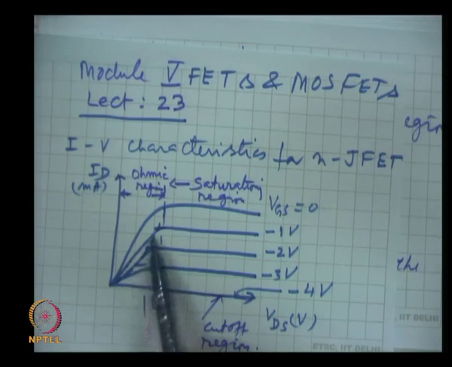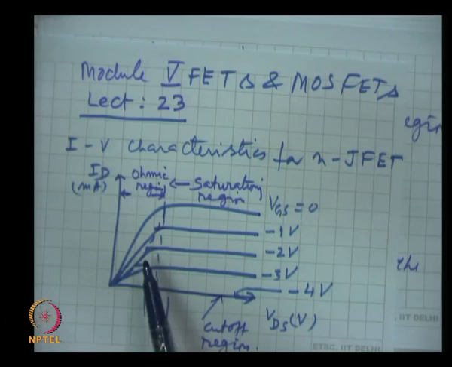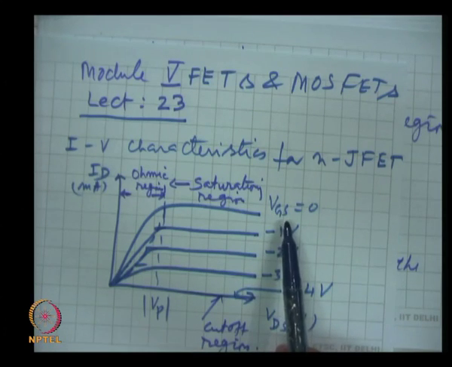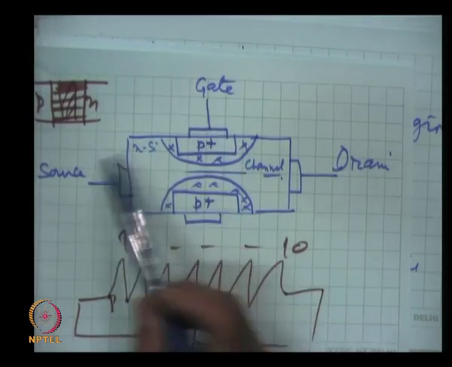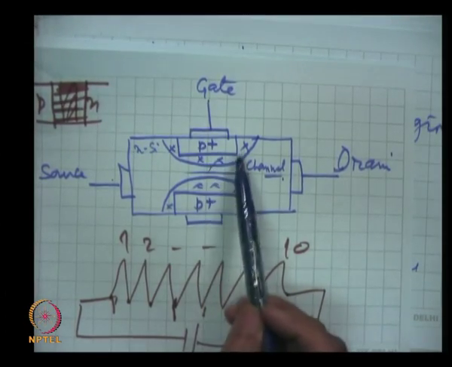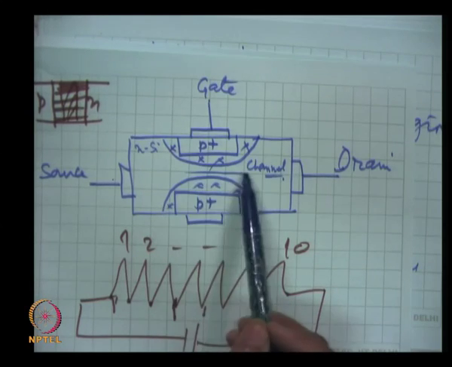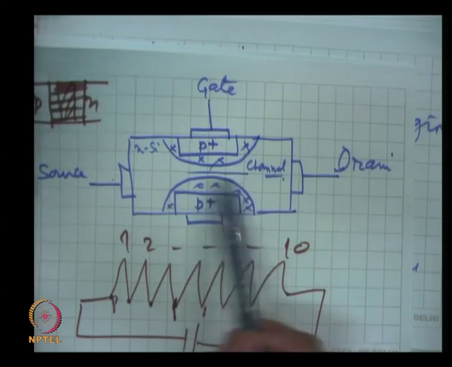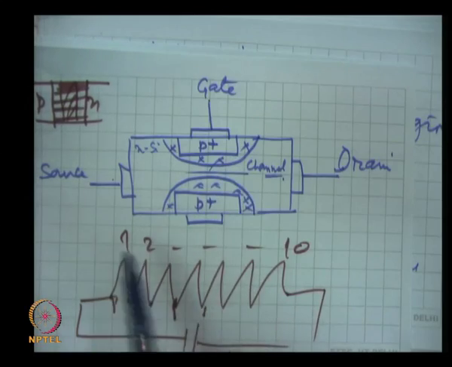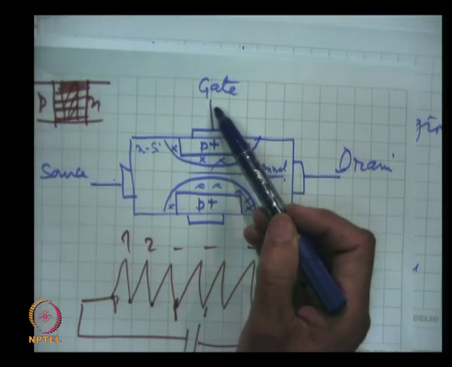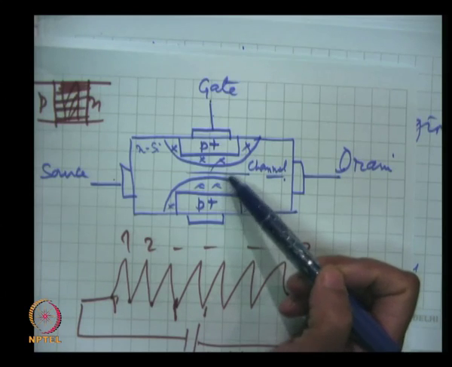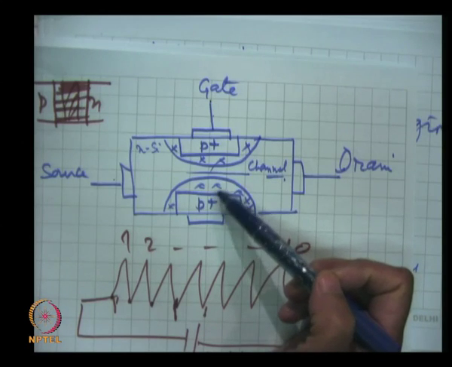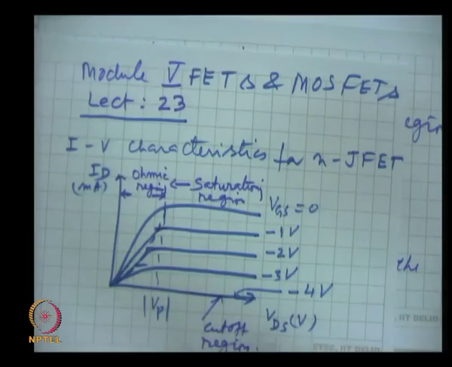So, when we increase the gate source voltage, the channel conductance falls and the resistance increases, for the reasons we have discussed: by increasing negative potential on the gate, the depletion regions spread more, making the channel narrower.